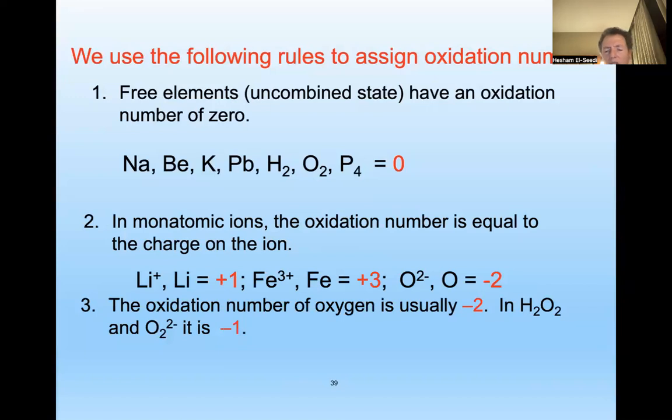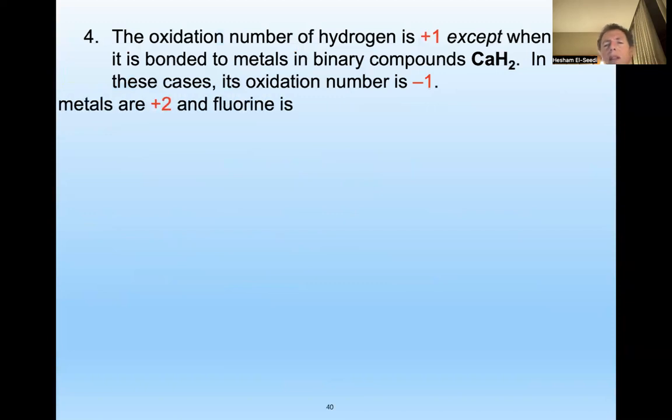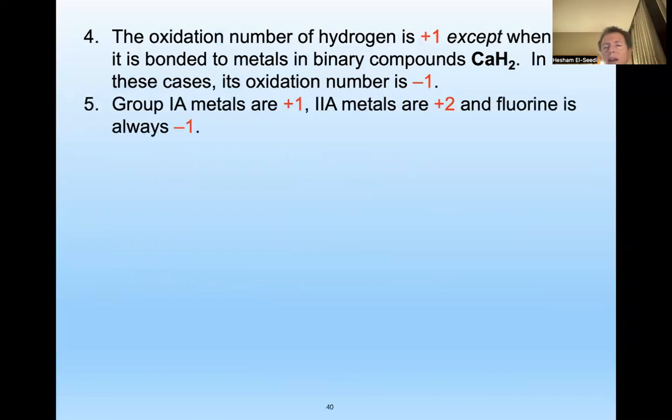Oxygen is usually -2, except in hydrogen peroxide, for example. Hydrogen is +1, while in a binary compound like CaH2, in this case it is -1, right? So there is group 1A of metals, which is +1, and group 2A metals is +2.